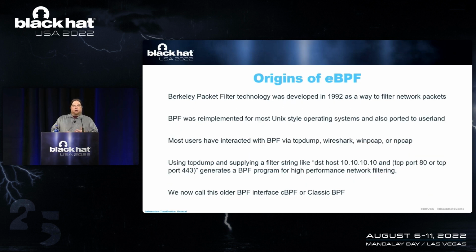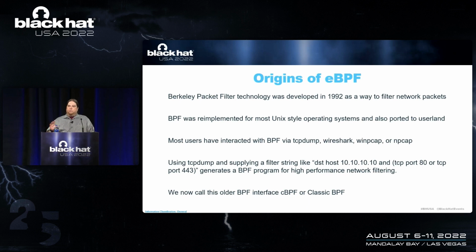So this all started back in 1992 when BPF was added to the Linux kernel. This is a precursor technology, and it was specifically designed to filter network packets. If you've ever used tcpdump or Wireshark and you've used a string to specify a network filter on a certain IP and port, you are in fact interfacing with the BPF implementation inside your kernel.